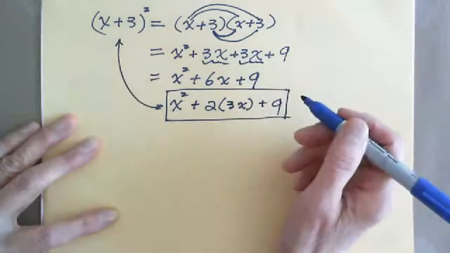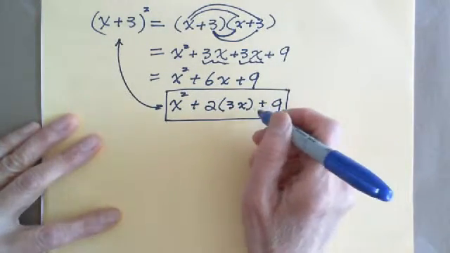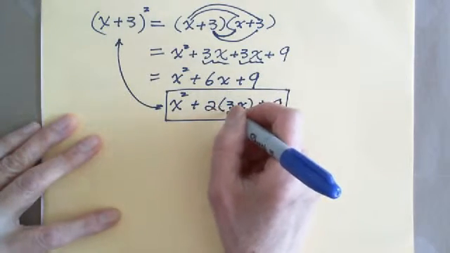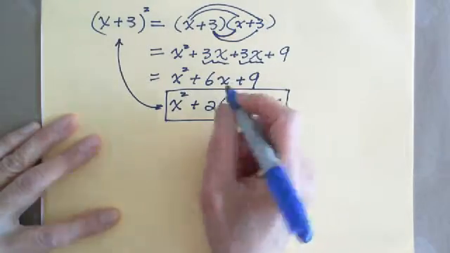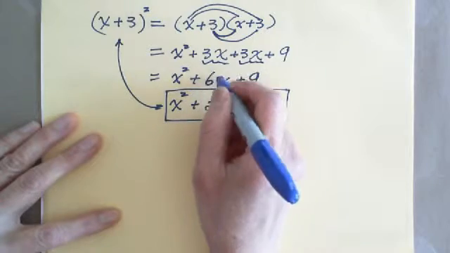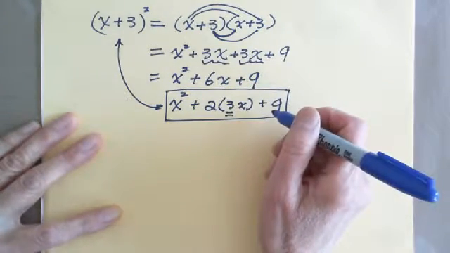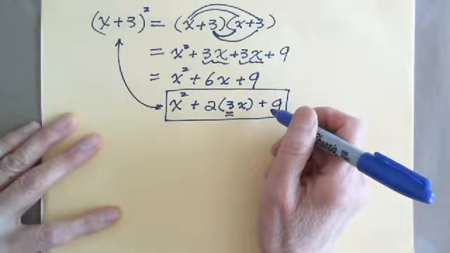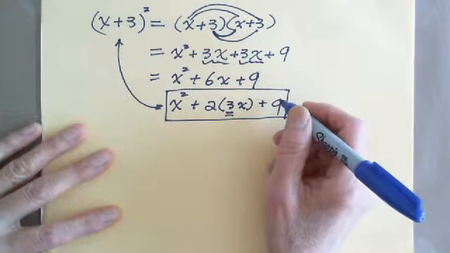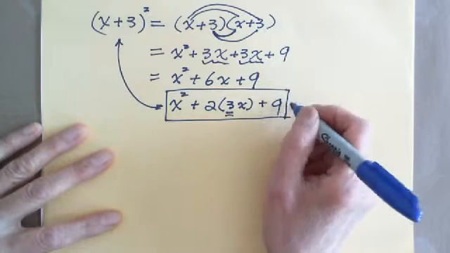We're given a trinomial, and this number is half of this one: 3 is half of 6. But when completing the square to solve a given quadratic equation, the constant is not 9, right?